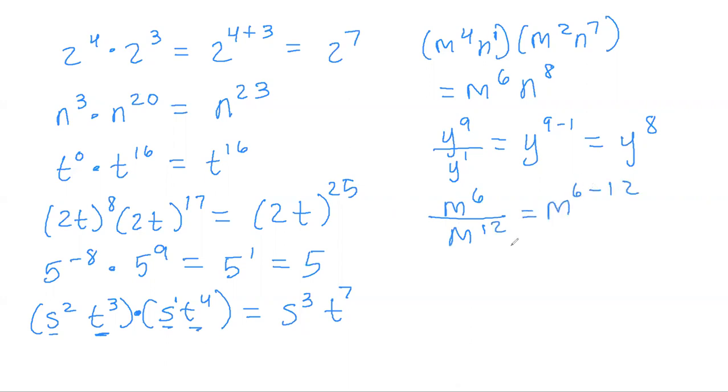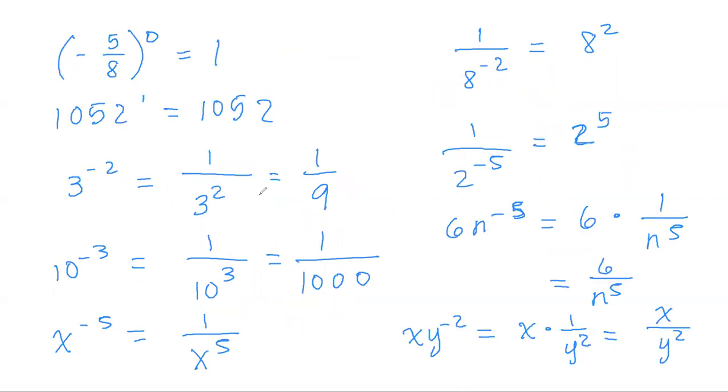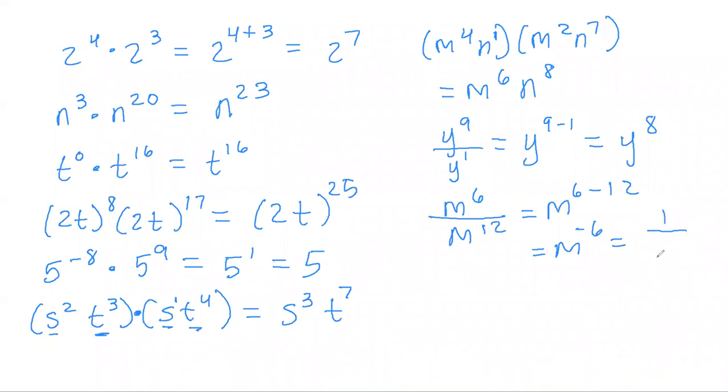And if it helps, if you get kind of tripped up sometimes, it doesn't hurt to write it out. So I have m to the negative 6, which, from what we learned previously just now about negative exponents, I can write as 1 over m to the 6.